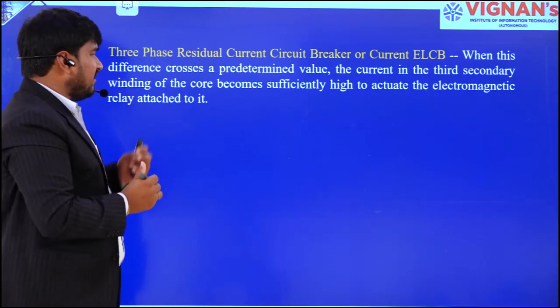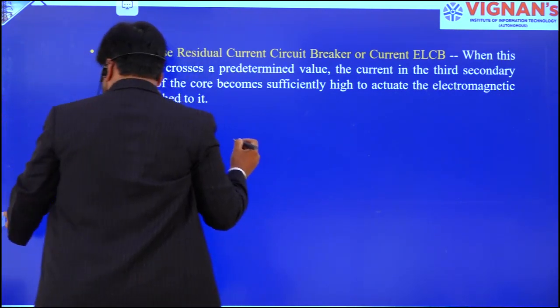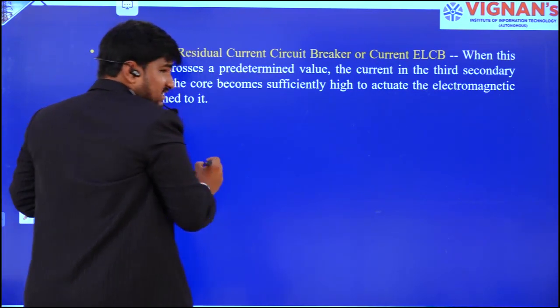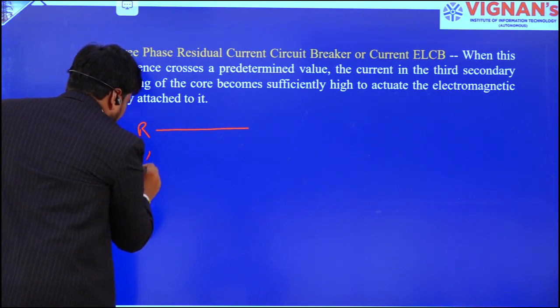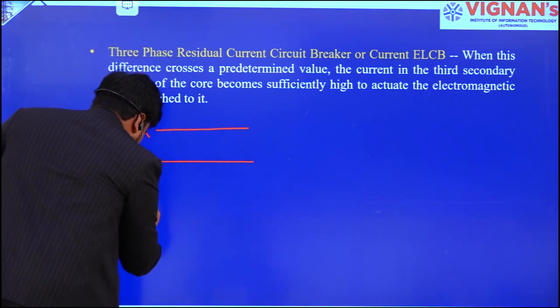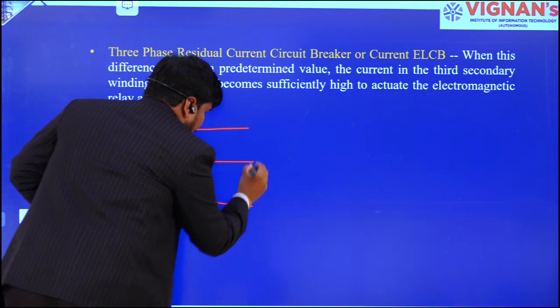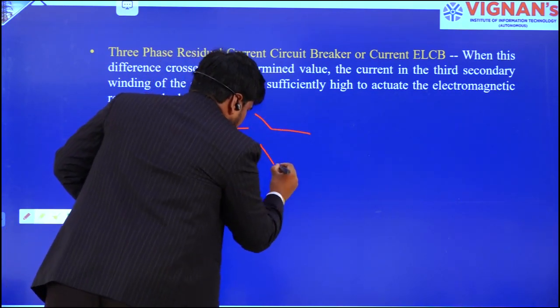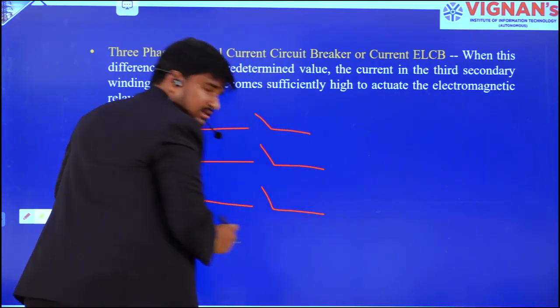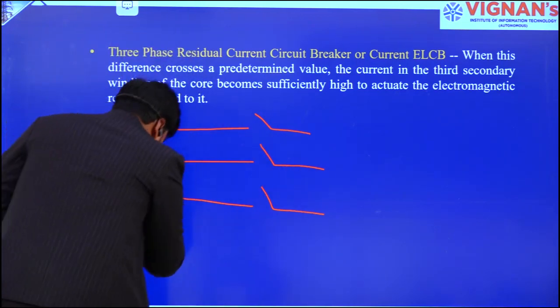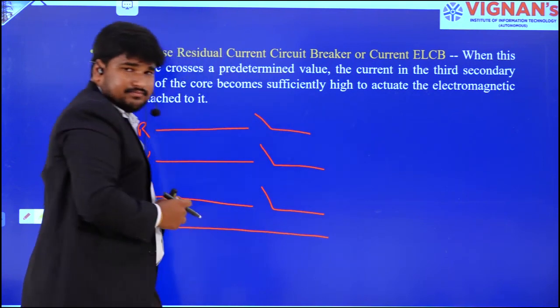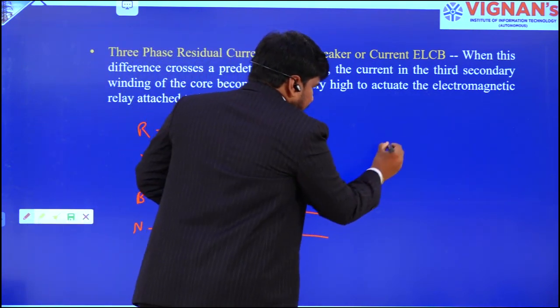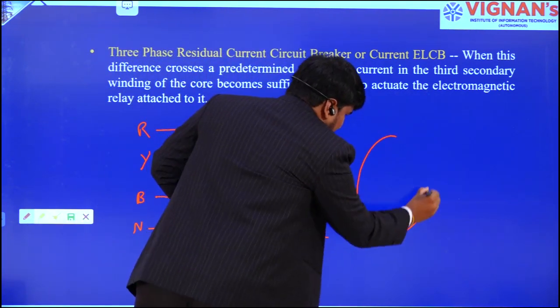But in case of three phase, we have R, Y and B terminals, as well as N in case of 4 pole.